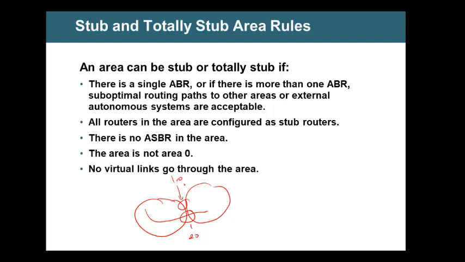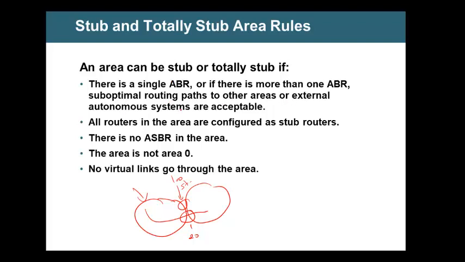This is how it should be if you want to configure this area as a stub. So there is a single ABR. If there is more than one ABR, suboptimal routing paths to other areas or external autonomous systems are acceptable.